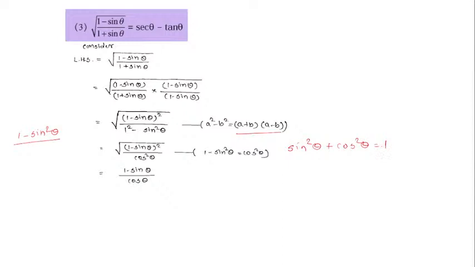Now if we transfer sin square theta to the right hand side, we get cos square theta is equal to 1 minus sin square theta. So this is the substitution for 1 minus sin square theta. Instead of 1 minus sin square theta, we have written cos square theta.